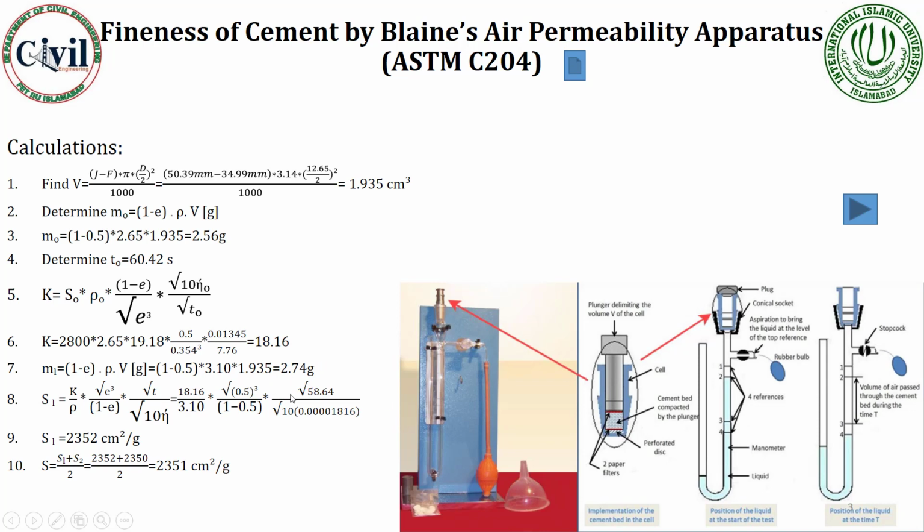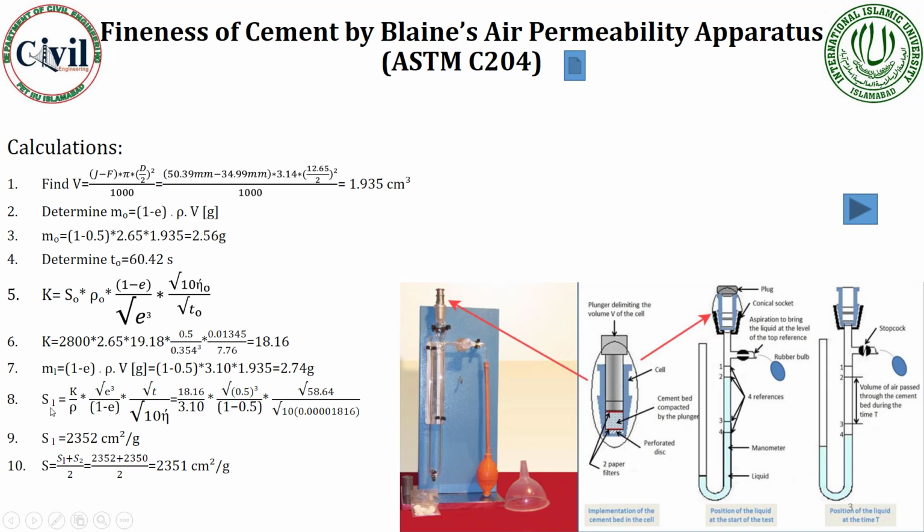It comes as 58.64. You'll compute it over here and calculate the specific area by this formula, which we have in the ASTM standard. By repeating this procedure 2 times, you will take the average of the two values. Then you will have an accurate surface area of the cement specimen.